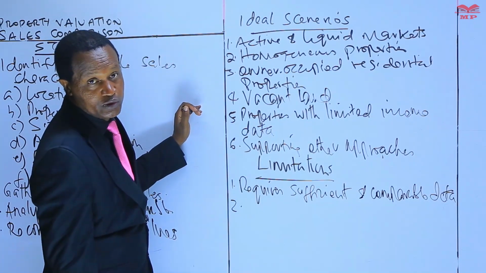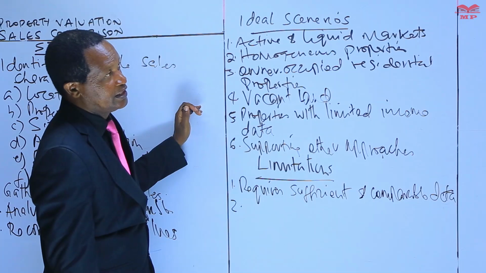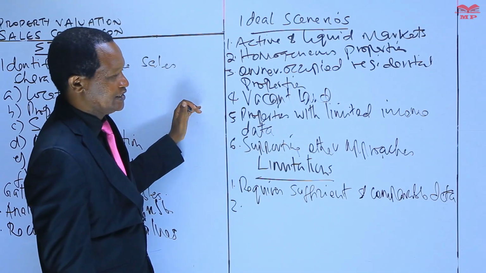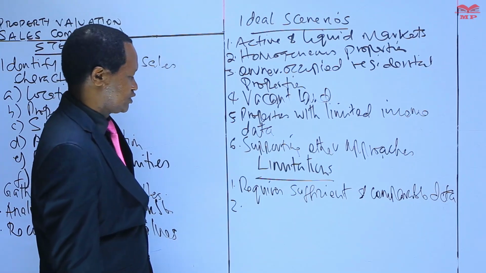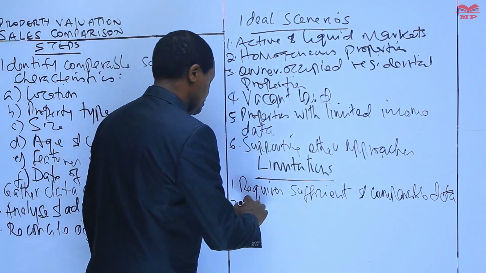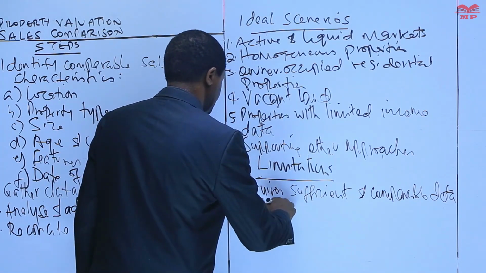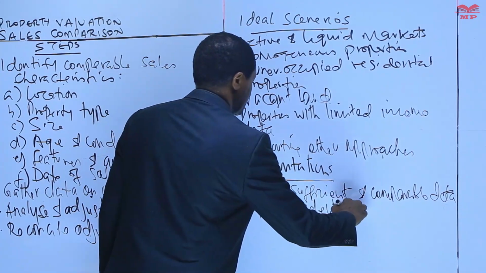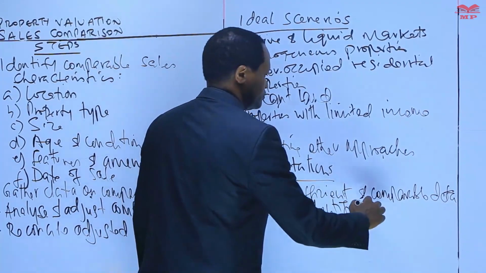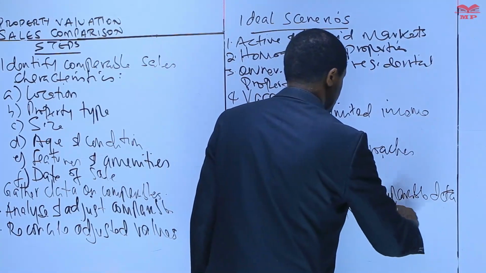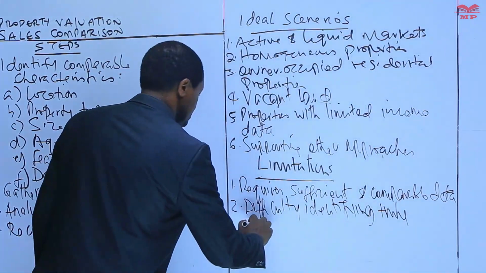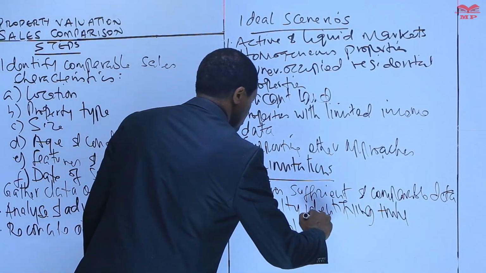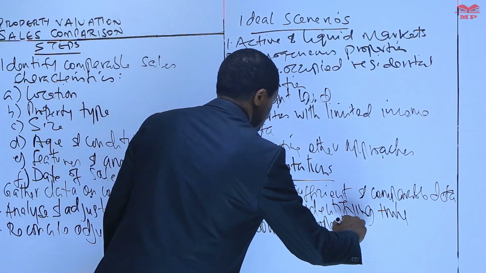Limitation number 2 is the difficulty in identifying truly identical properties.